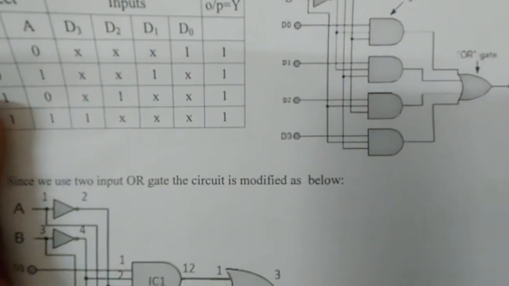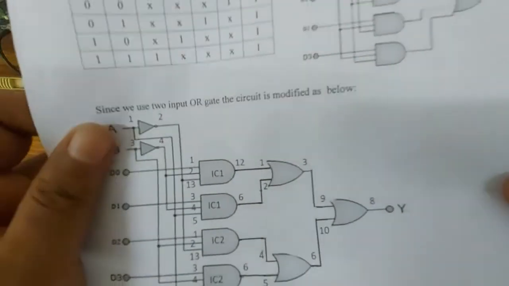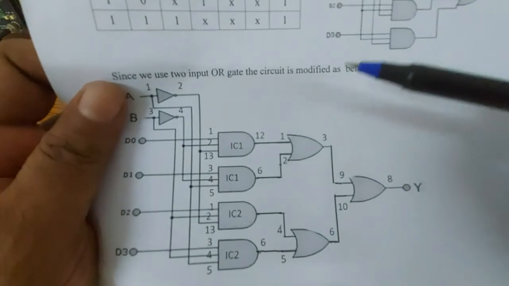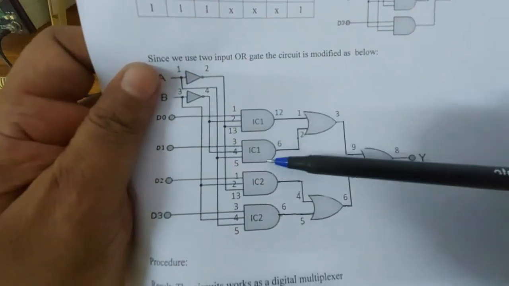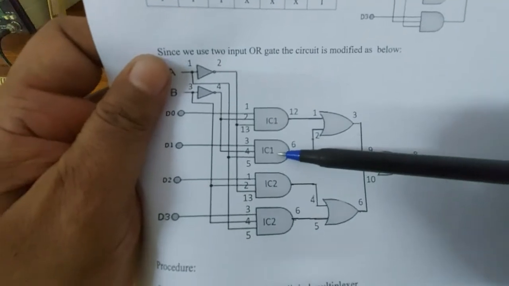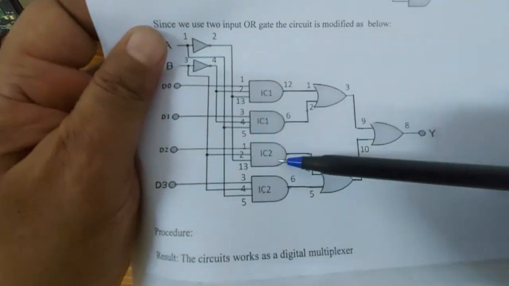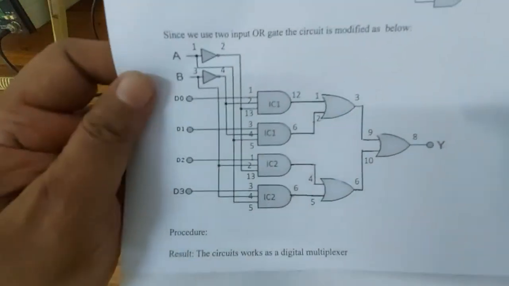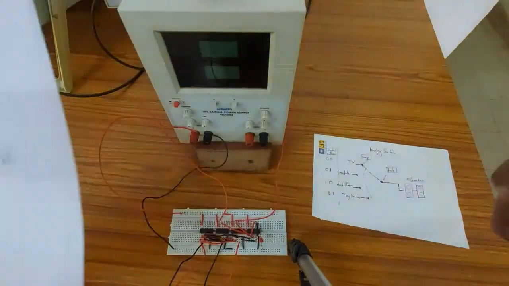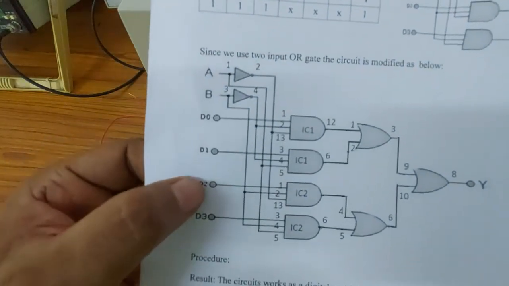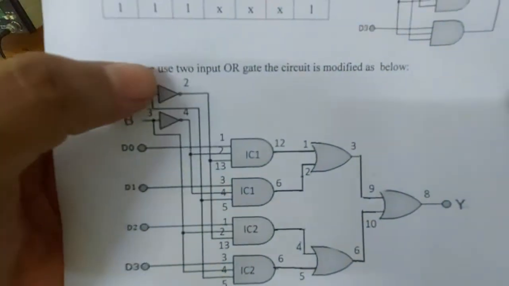Now our 3 input AND gates, we have in a single IC only 3 gates. So I've taken over here two gates. IC1 is one 3 input AND gate 7411, and the other is the next IC gate. So I've made the connections already. These are the connections. Let's see, D0, D1, D2, D3 and the addresses are given here.